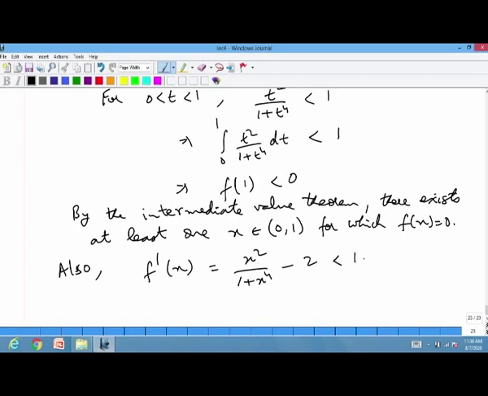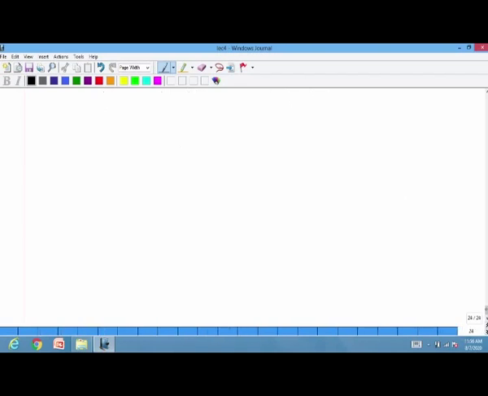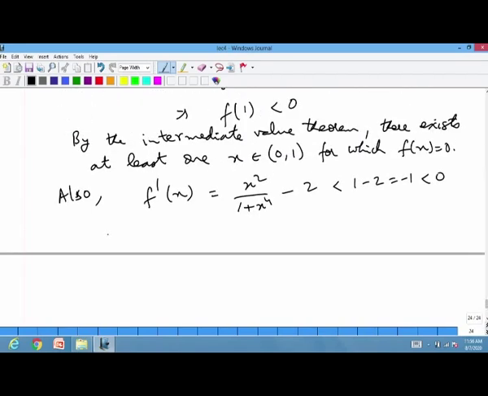So, this is less than 1 minus 2, which is minus 1. So, f prime x is less than 0. This implies f is strictly decreasing in the interval 0 to 1.